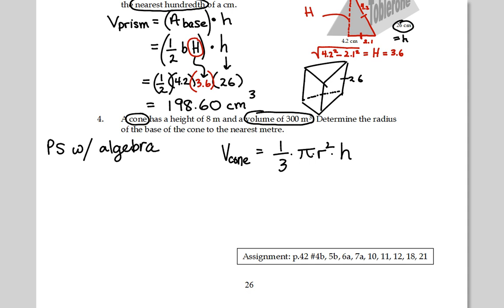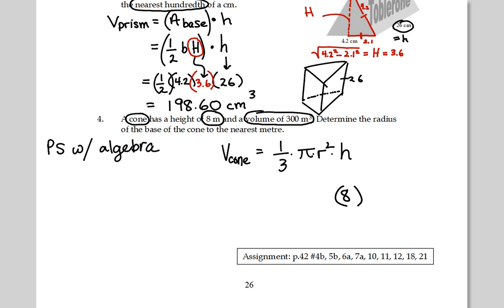All right, let's try to fill in what we know. Where can I put this 8? H. Because that is the cone's height. This question would be really nasty if they gave you the slant height. Then you would have to find h with Pythagoras. But they just gave us h, so that's nice.